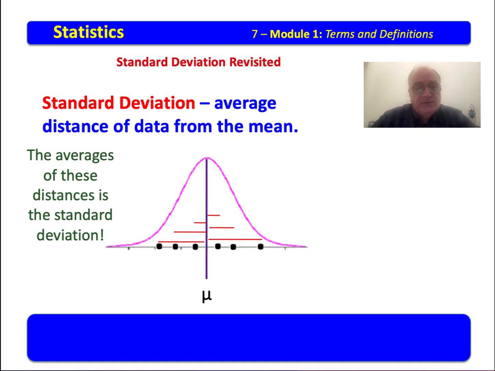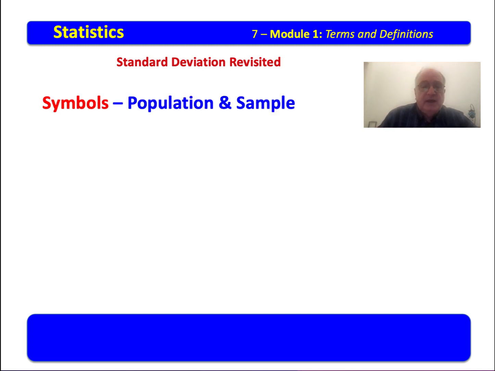The average of these distances is the standard deviation. Now, lest you panic, keep in mind that what we're going to do to start with is we're going to use Excel. We're going to put in a group of data points, and we're going to add up those data points, and it will give us the average, and it will give us the standard deviation by pushing a button. Very clever. You're not going to have to do it by hand.